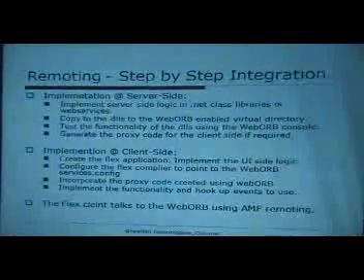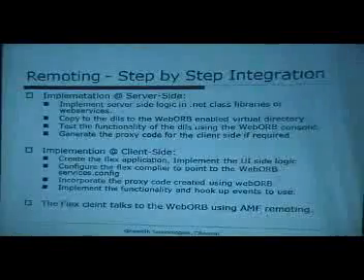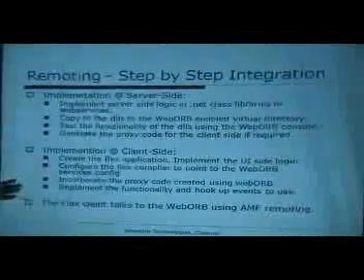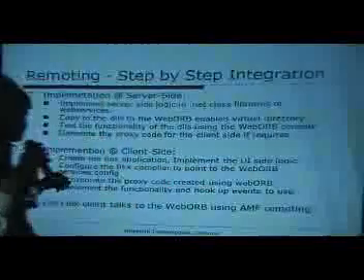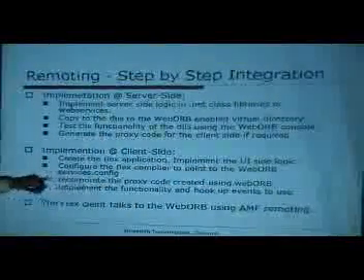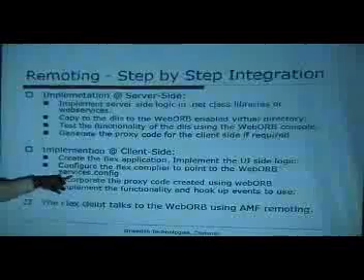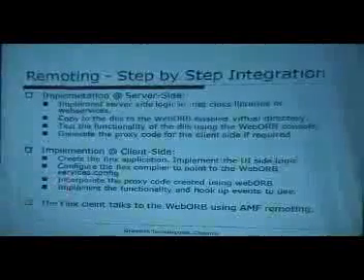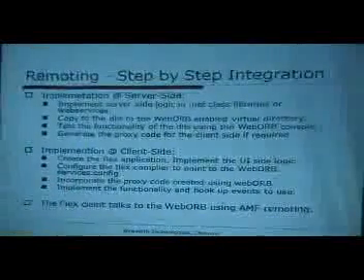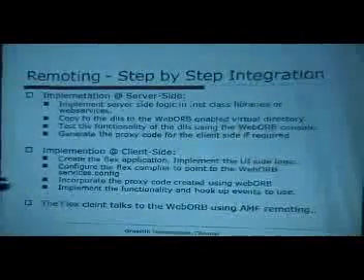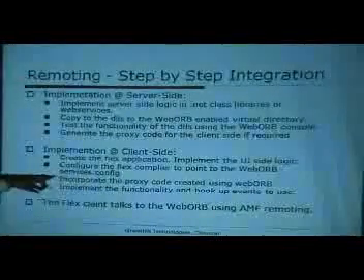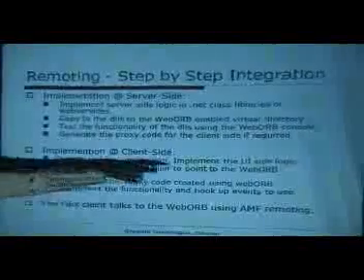Starting with remoting, how does this work? You have the implementation on the server side and the client side. On the client side, you create the Flex application, you write the UI logic, you configure the Flex compiler, and WebORB comes with a lot of config files. Once you start your Flex project, you have your compile time parameter, right? In that compile time parameter, you will have to point it to the services.config of WebORB.